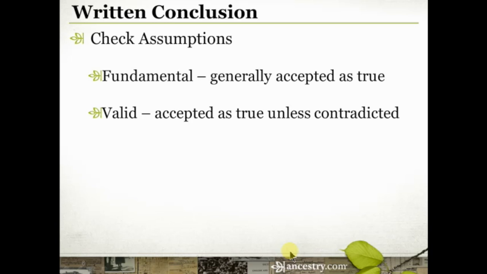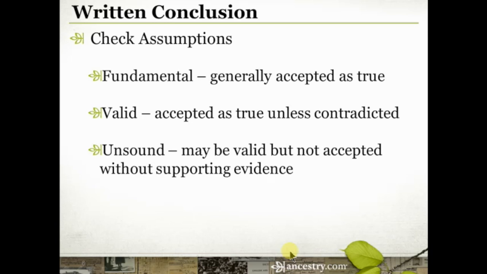If a woman has a child after 50, that becomes an assumption that we have to explain in a written conclusion. We have to explain why we believe that this child is actually hers and not the child of her 20-year-old or 30-year-old daughter. Okay, so valid assumptions are generally accepted as true unless they're contradicted, and then we have to explain the contradiction.